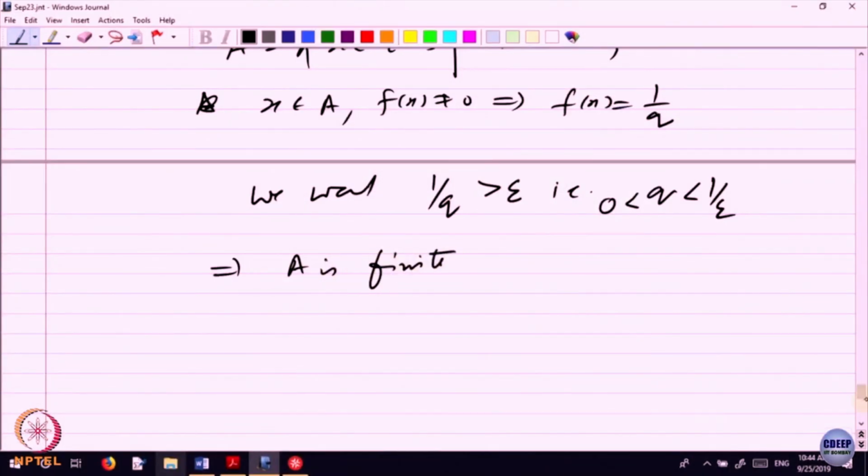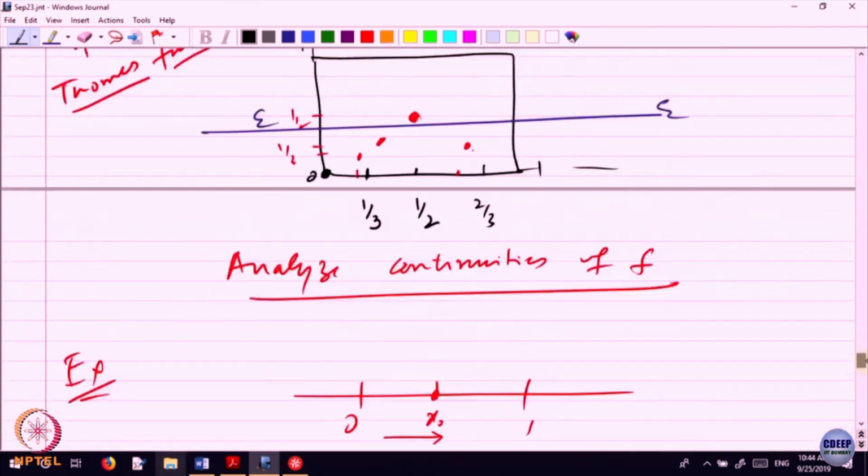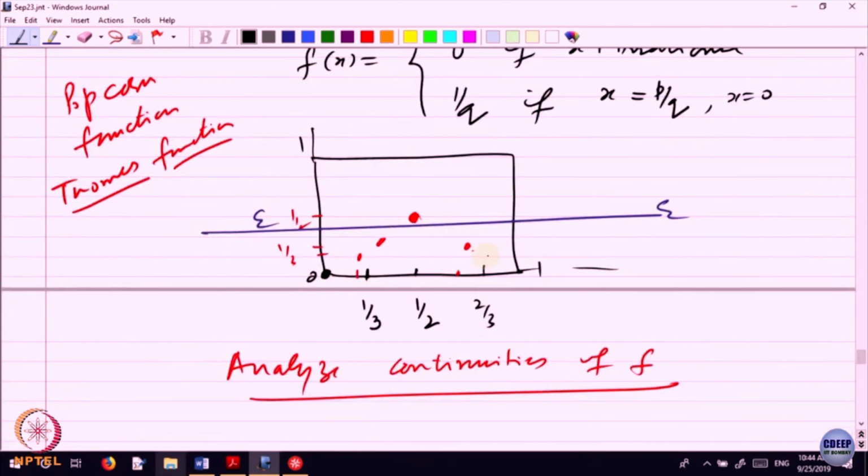So the set of points where the function goes above epsilon is only finite.